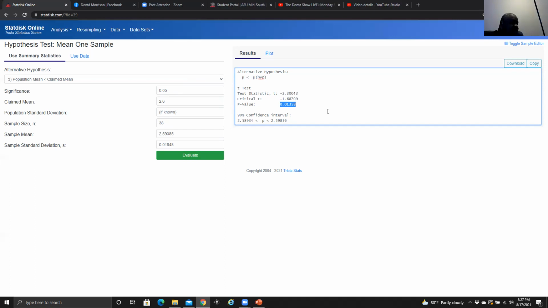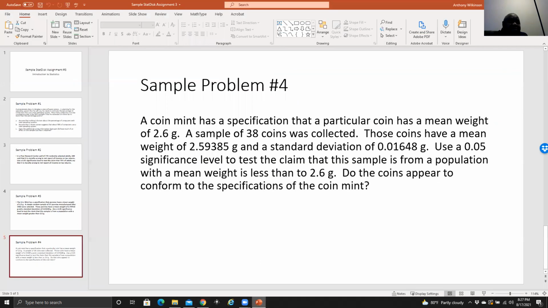And if we reject the null hypothesis, that means that there is sufficient evidence to support the claim. So here we have sufficient evidence to support the claim that the sample that we're dealing with is from a population with a mean weight less than 2.6 grams.